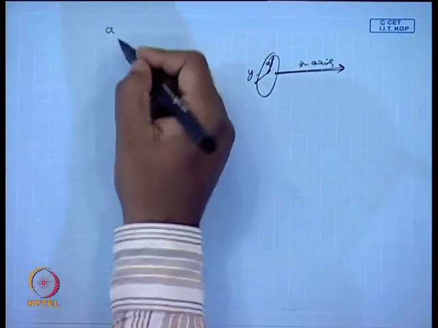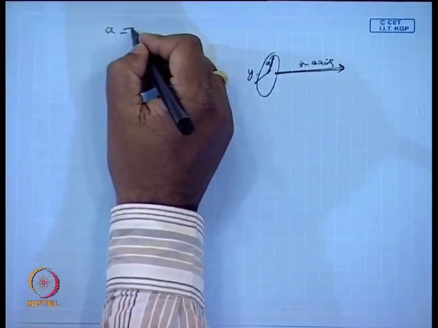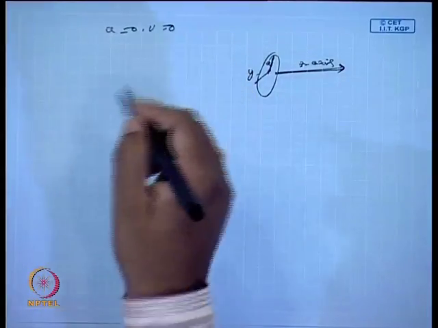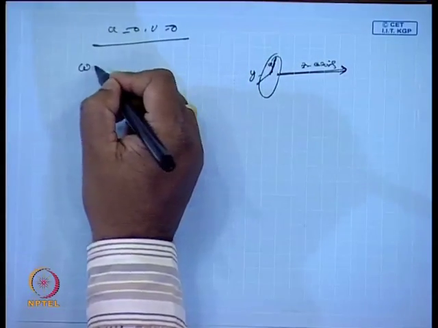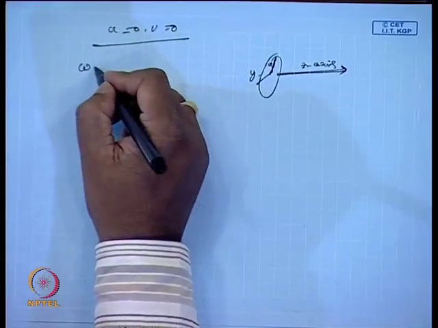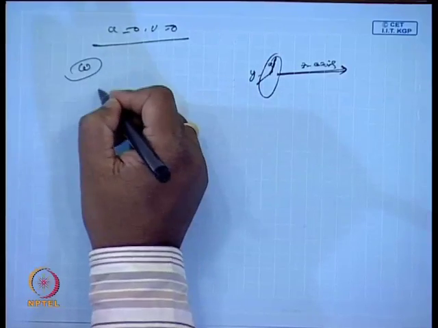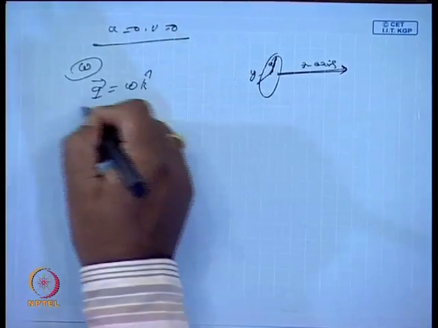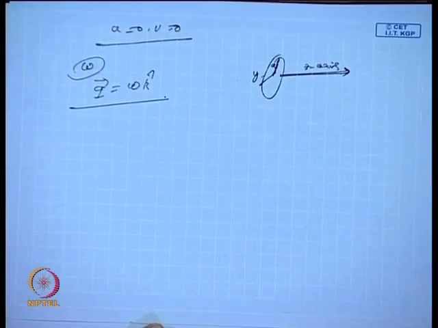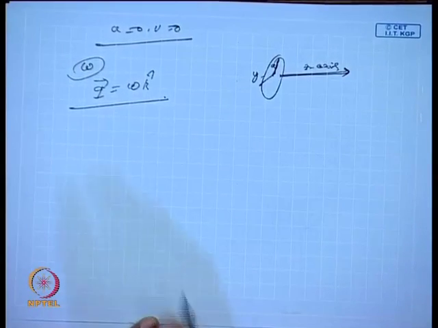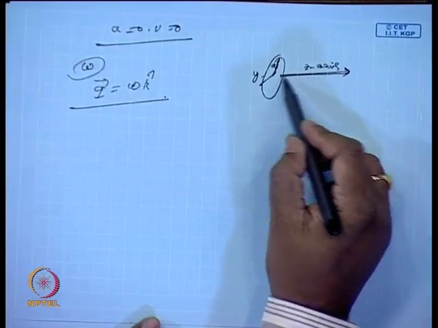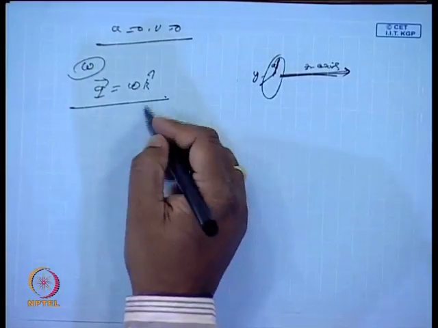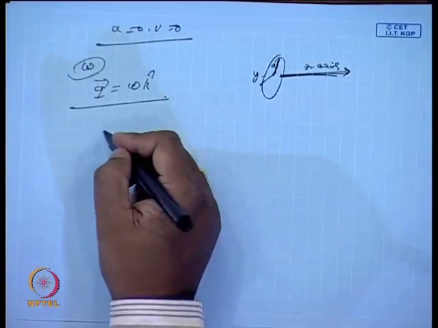Then I will consider u is equal to 0, v is equal to 0, and I will have only the w component, the z component. So, my q bar I can call w k hat. For the sake of simplicity, I take q bar as w k hat, that means u and v are 0.